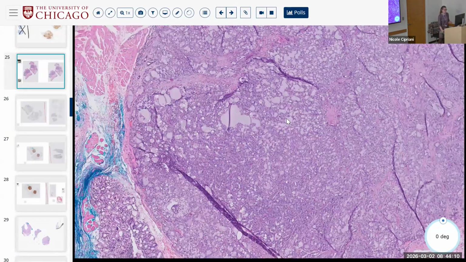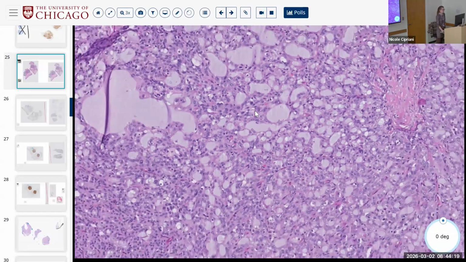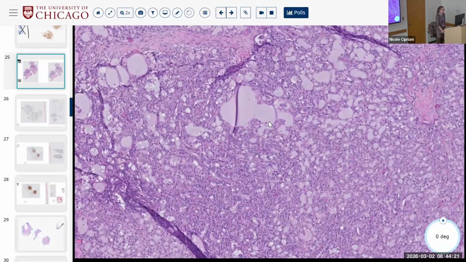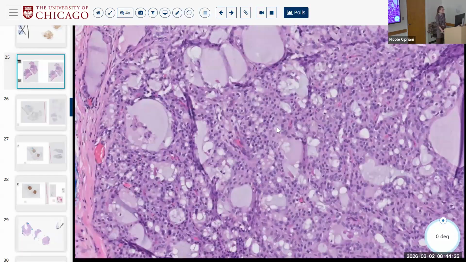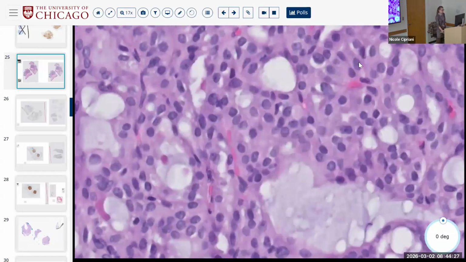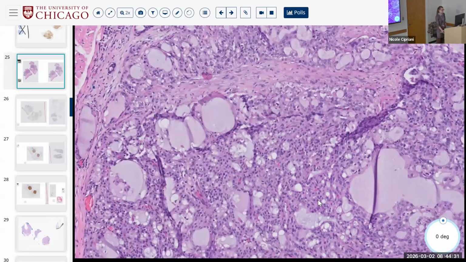But it does have these little microcysts, or microducts. It doesn't have this connective tissue mucin. It mostly just has this pale stuff in the lumen. And morphologically, kind of monotypic.